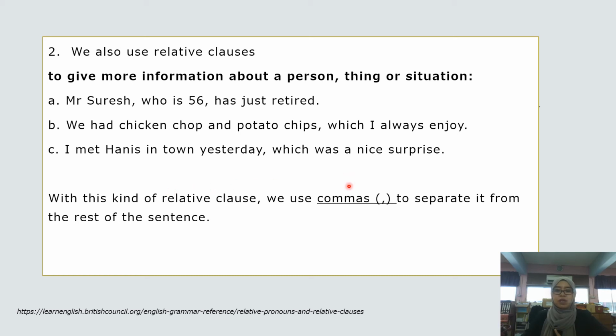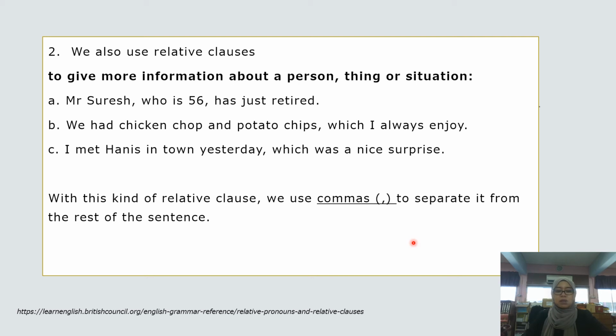You feel that it was a nice surprise. And we also have the comma here. With this kind of relative clause, we use commas to separate it from the rest of the sentence. So remember, when we use commas, this is where we give more information about a person, thing, or situation.